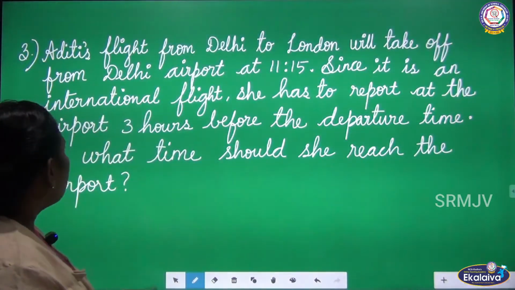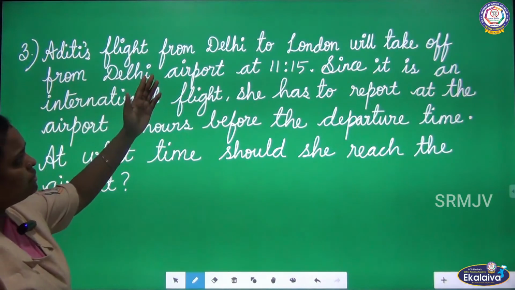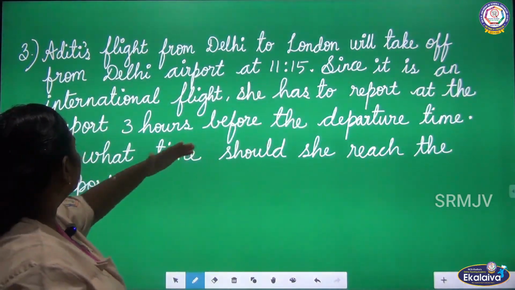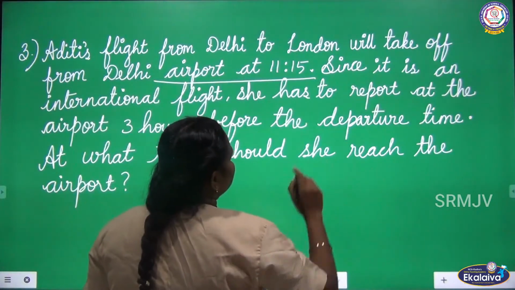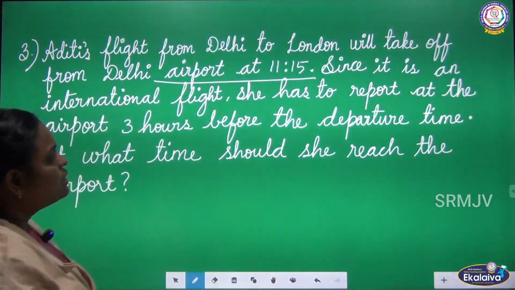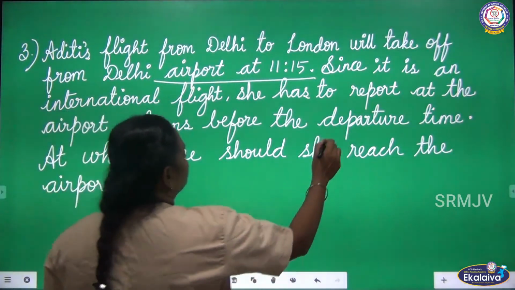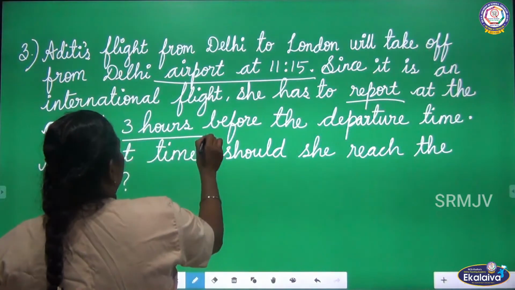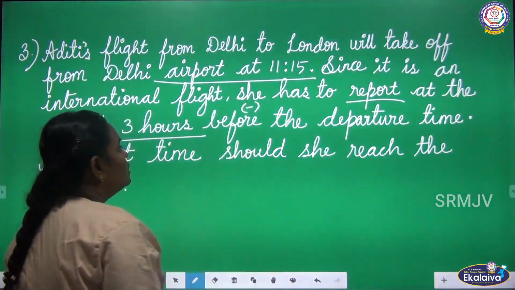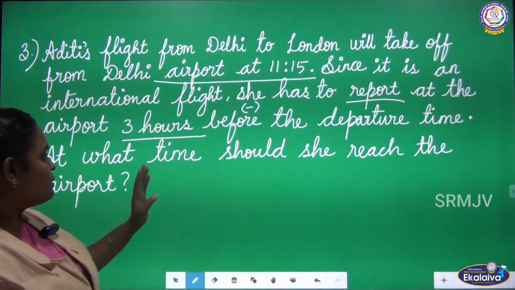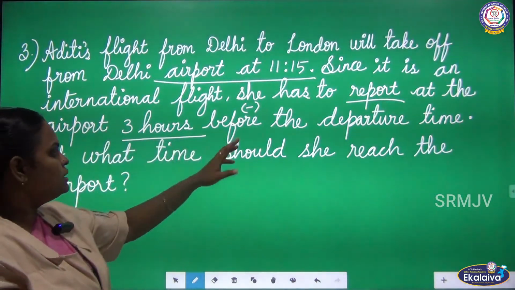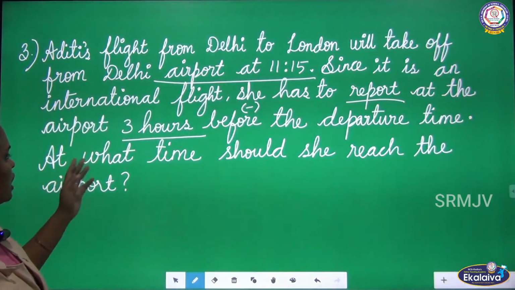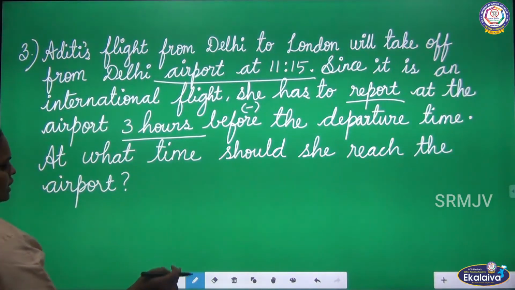Next one, Aditi's flight from Delhi to London will take off from Delhi airport at 11:15. Since it is an international flight, she has to report at the airport 3 hours before the departure time. Before means you have to subtract. At what time should she reach the airport?